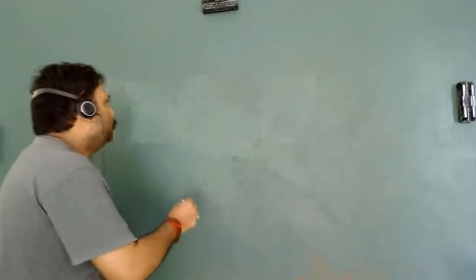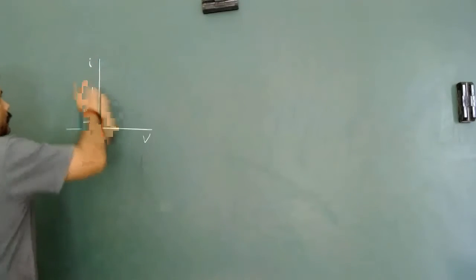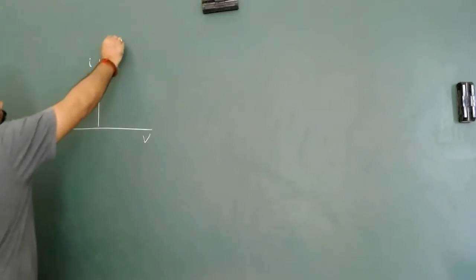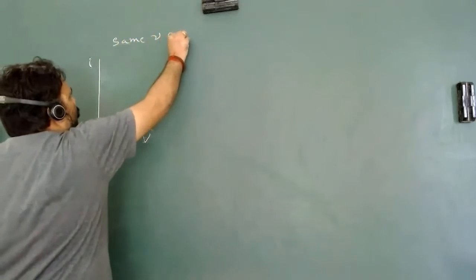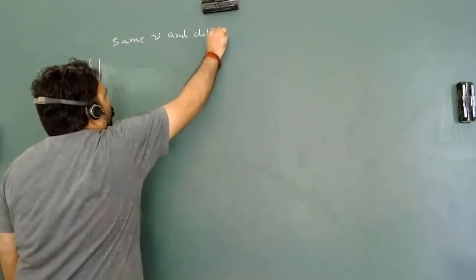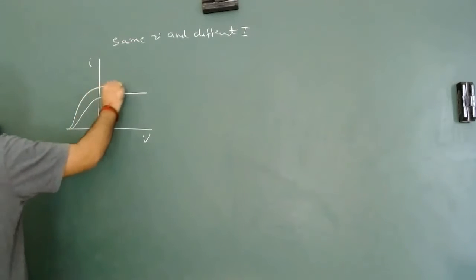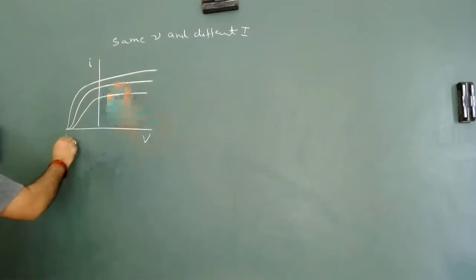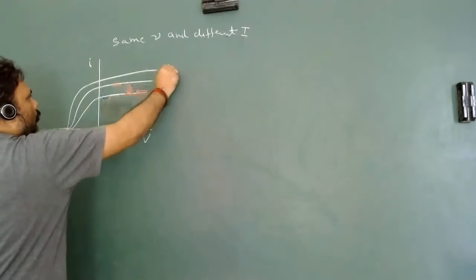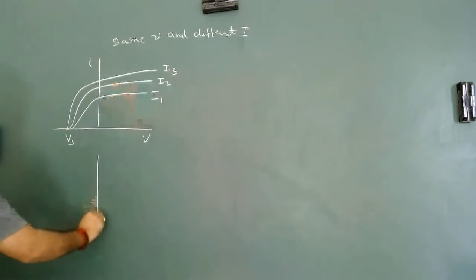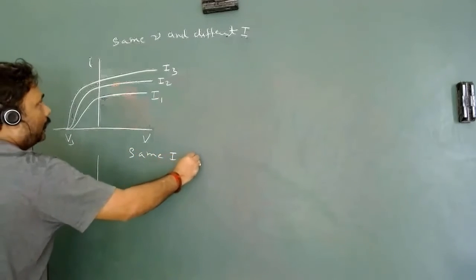We have seen that the first curve is the IV curve, where I is current and V is potential, and we have plotted it for the same frequency and different intensity, different I. The curve is very interesting, and we have seen that this particular stopping potential is not going to change if we change the intensity.